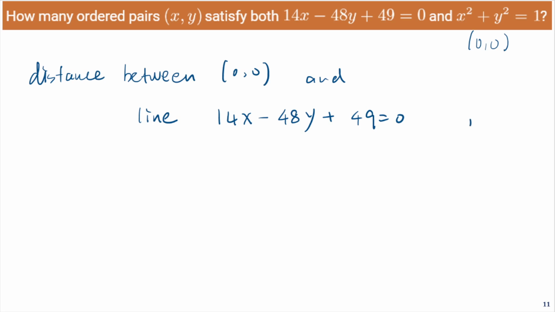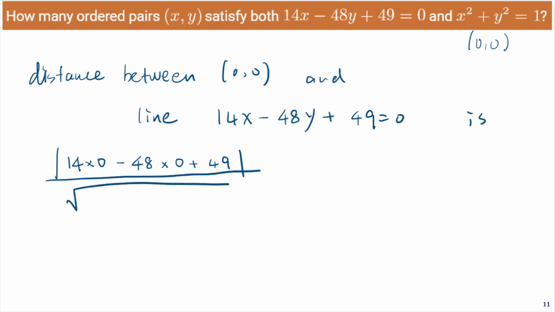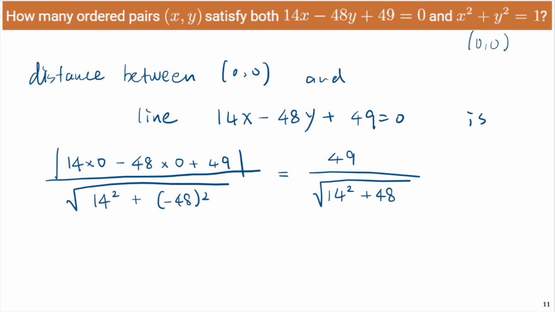Distance is the absolute value of 14 times 0 minus 48 times 0 plus 49, over the square root of 14 squared plus negative 48 squared, and this gives us 49 over the square root of 14 squared plus 48 squared. And this gives us 49 over 50, right?